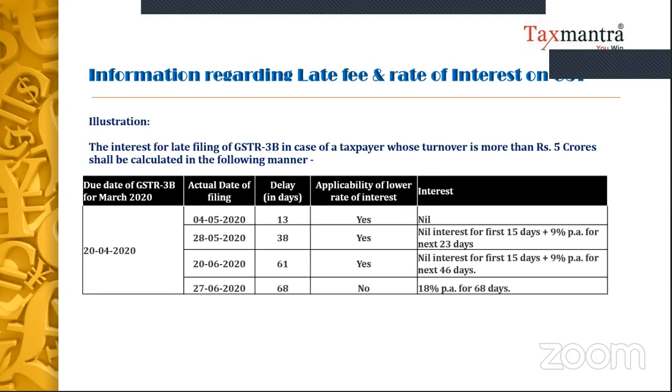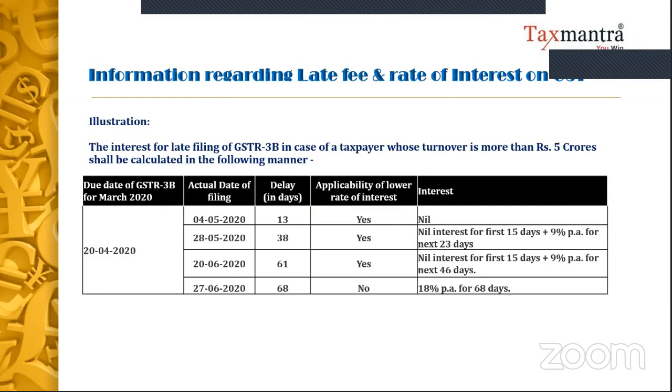Now, let us assume the case number one. If the taxpayer files the GST return GSTR-3B on 4th of May, you can see the total delay days is 13, and there will be no interest.